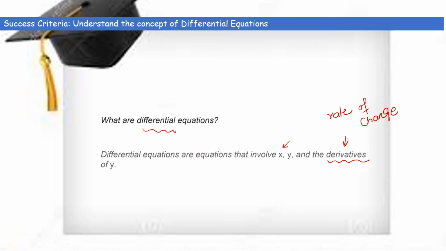For example, rate of change of volume with respect to time, rate of change of y with respect to x, rate of change of temperature with respect to time, and so on. Now, in differential equations, there are differential operators.